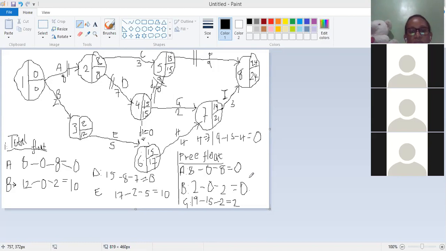For the remaining activities during our free time, remember, you work on the total as well as the free float. Let me mute everybody. So let's work on the independent float.